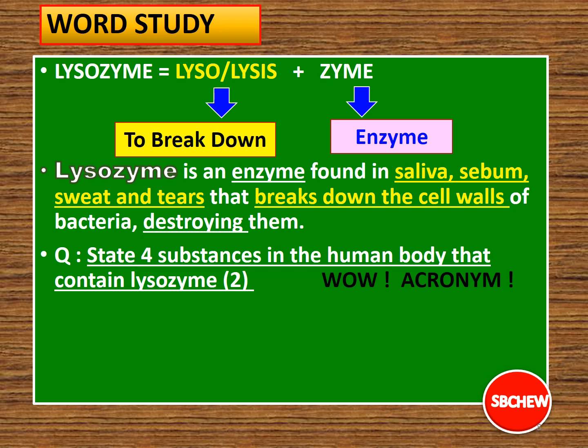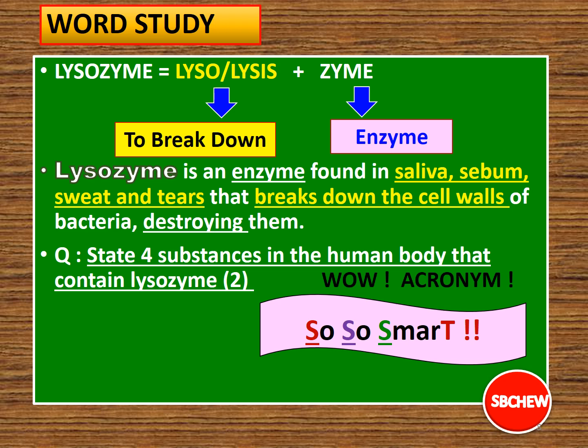Here's a question. State 4 substances in the human body that contain lysozymes. So there's an acronym that you can form to answer this question. Let's look at the acronym first.